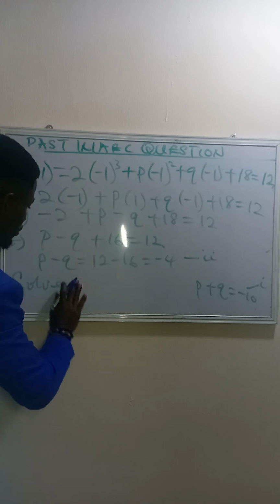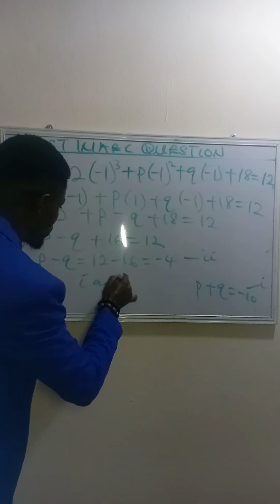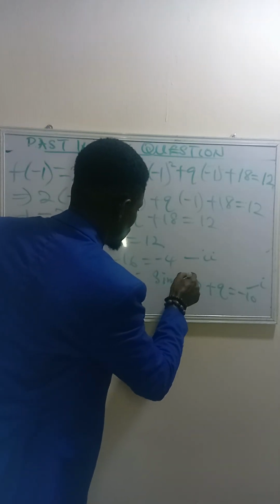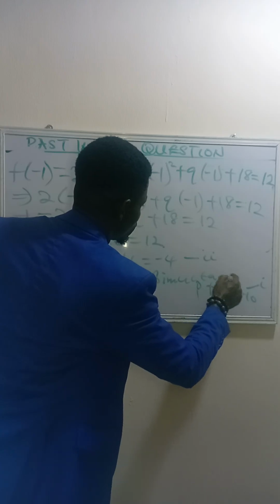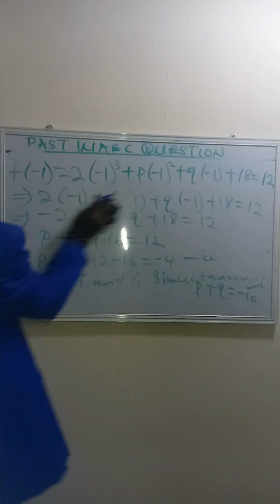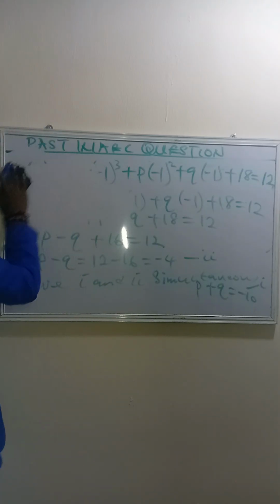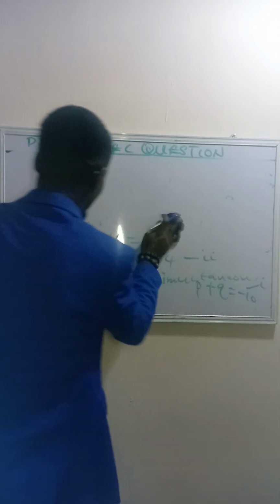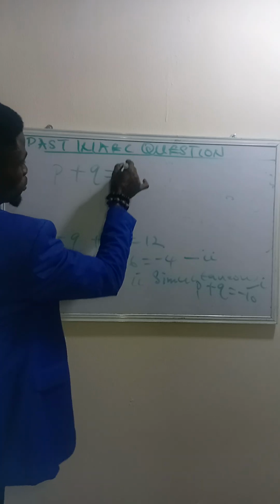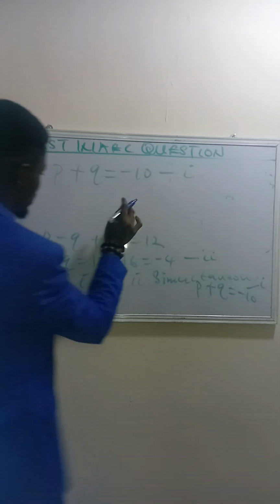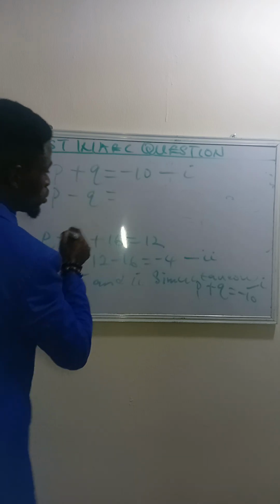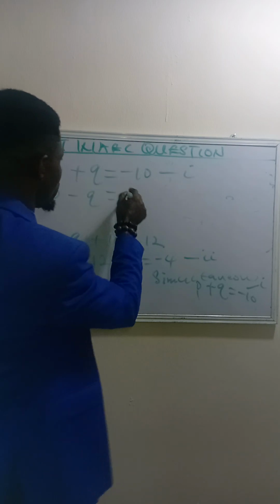Then after that, what do you do? Solve equation 1 and equation 2 simultaneously. When you solve them simultaneously, that is when you are able to get p and q. Equation 1 is p plus q equals minus 10, and equation 2 is p minus q equals minus 4.